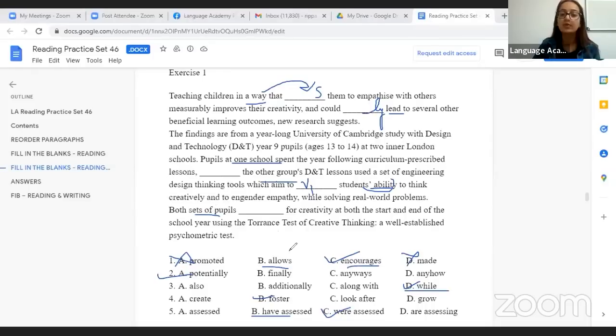We'll say both the groups were assessed at the beginning and at the end of the test. Right, so these are the answers. Anybody who has any confusion in anything that we did not talk about, foster means to promote. Promote something, we can use the word foster as well.